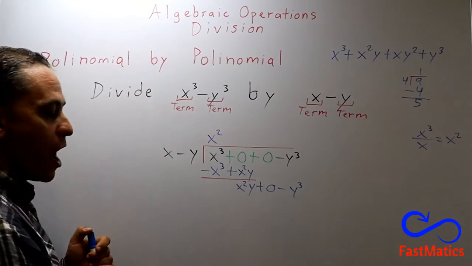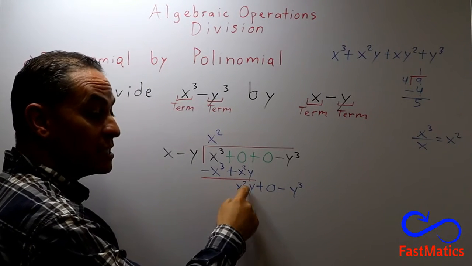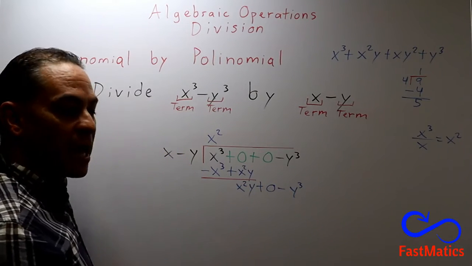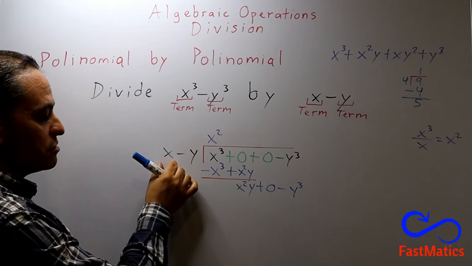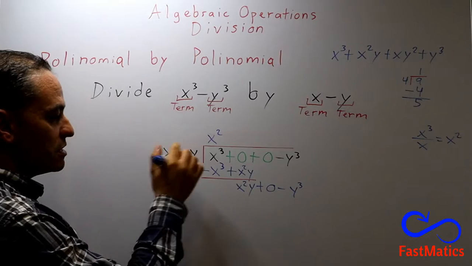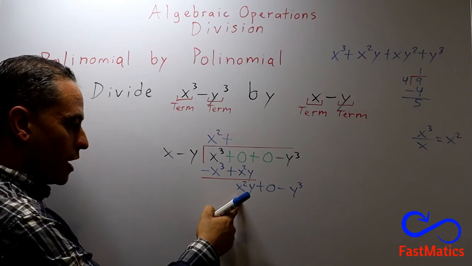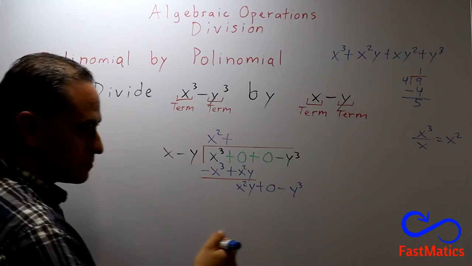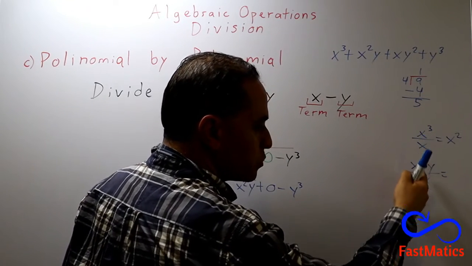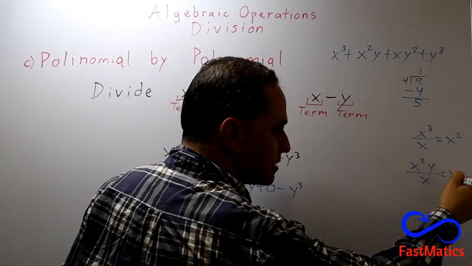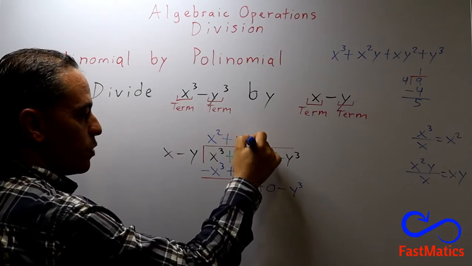But when must I finish? If this exponent is smaller than this exponent, I stop. Okay? So, this term divided by this term, positive divided by positive, positive. x squared y divided by x equals x squared divided by x, x, and y, I leave it like that, so xy.